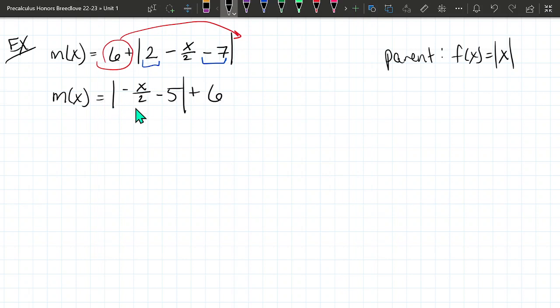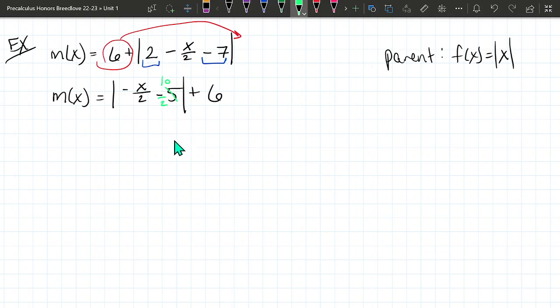But this also doesn't match the standard transformation form. We want to bring the, was it A, B, the B value? We want to see the B value. So we want to bring it outside of a set of parentheses. So to do that, we need a common denominator of 2. Right, so if I made this into 10 over 2, y'all see that?